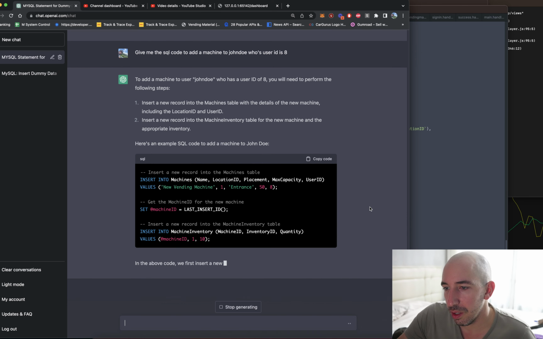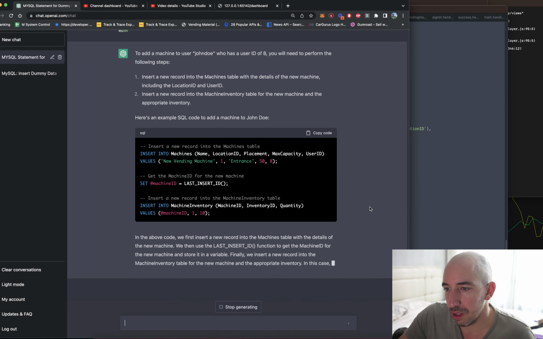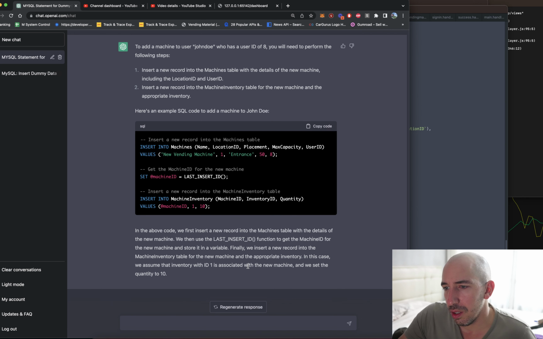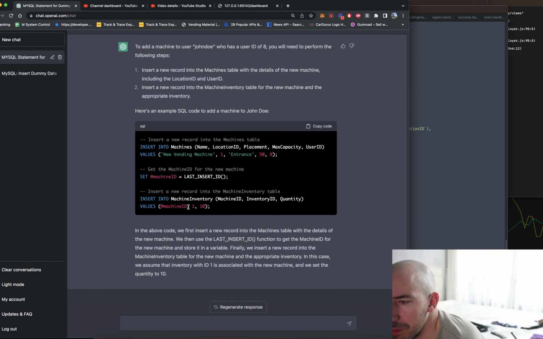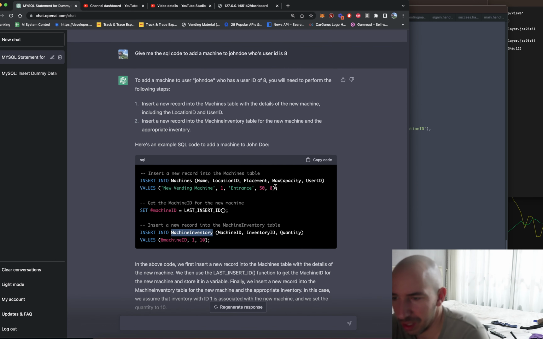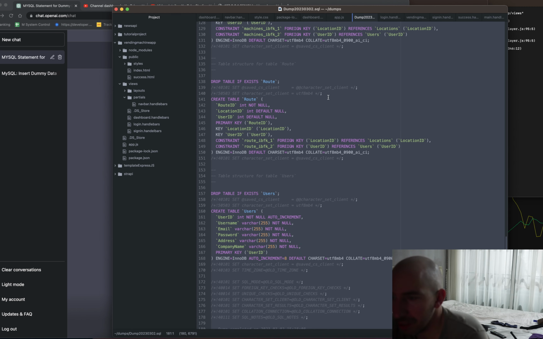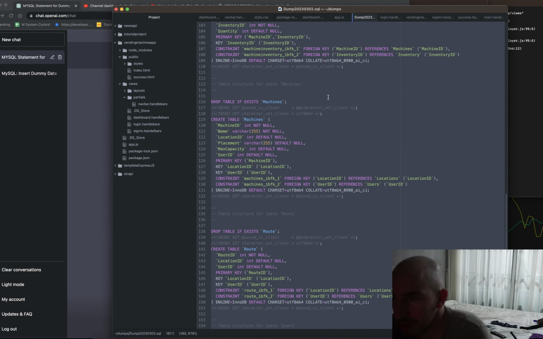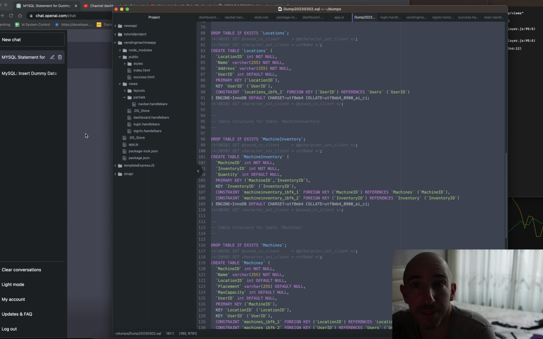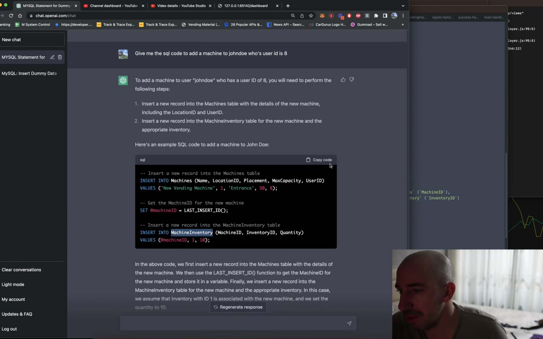Okay. Insert a new machine inventory. Is that even a table? Is machine inventory a table? Oh, it is. All right, let's see it.